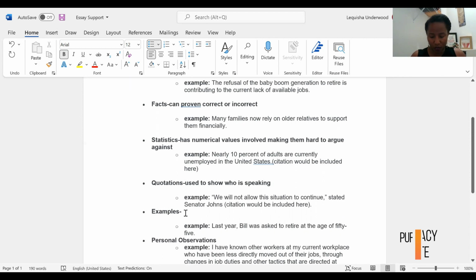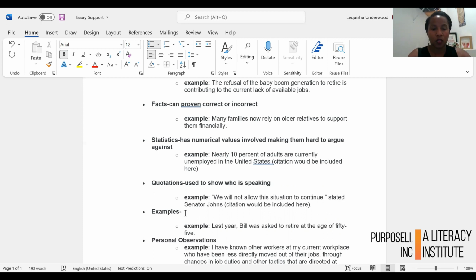Now, this one gets kind of complicated. Let me get my notes here. These are models, diagrams, which I would not suggest in a timed essay test taking situation, or an anecdote.